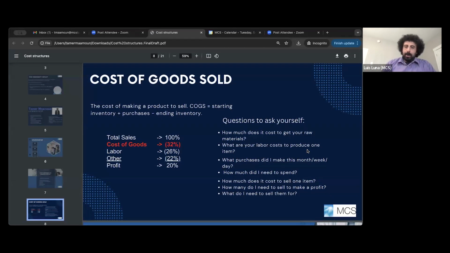So what we have here is a little breakdown of typical costs. You want to make sure that the cost of goods sold and the labor and your other costs give you at least a 20% profit margin.